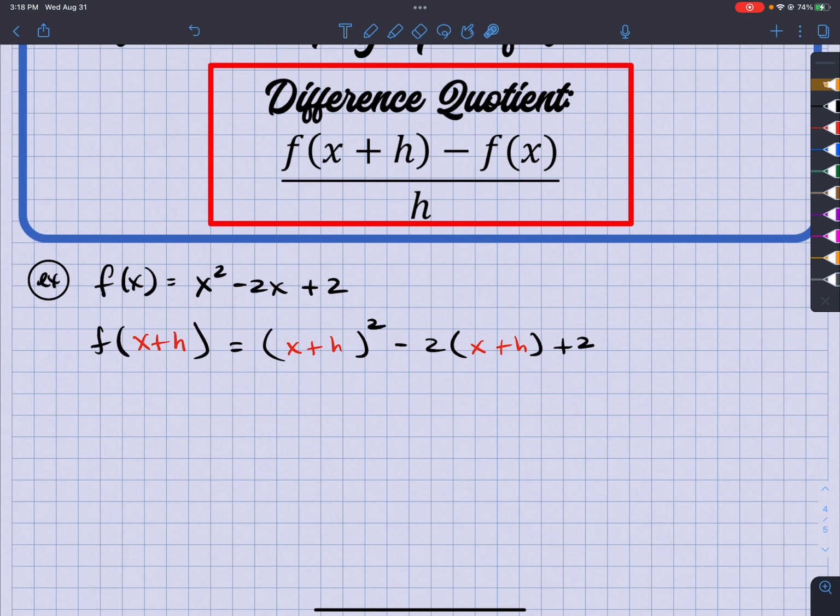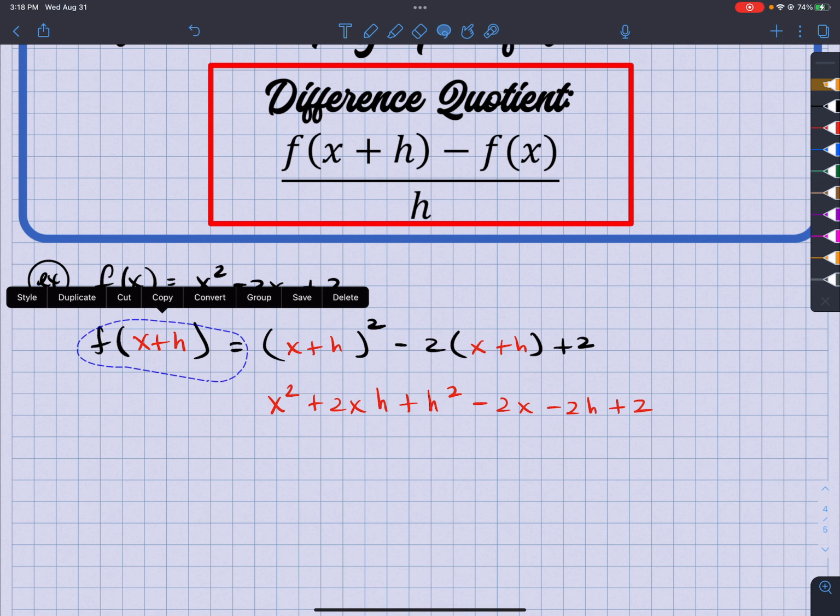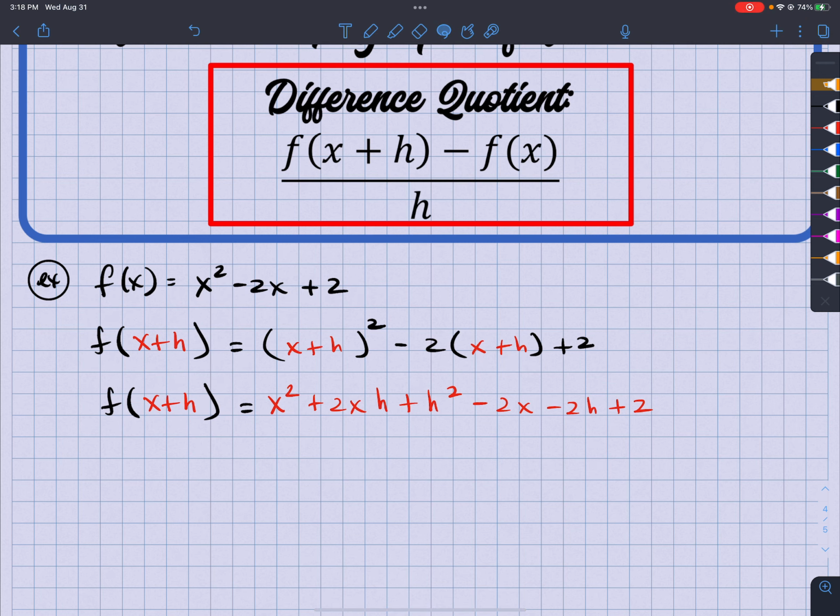This one here, I do have to FOIL out. When I FOIL this out, I'm going to have x squared plus 2xh plus h squared minus 2x minus 2h plus 2. So there I go. This is f of x plus h.